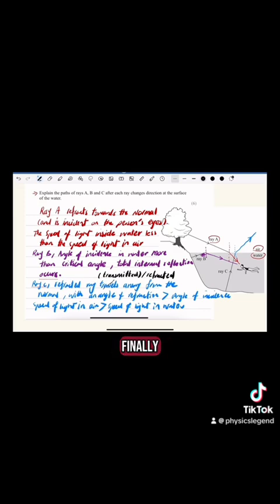So finally, none of the refracted rays reach the person's eyes. So for this section we get 6 marks.